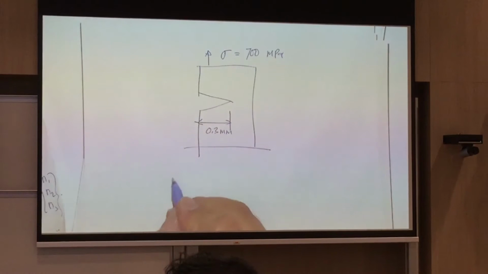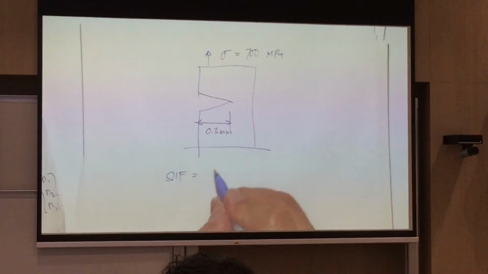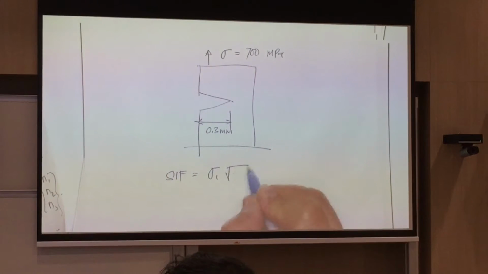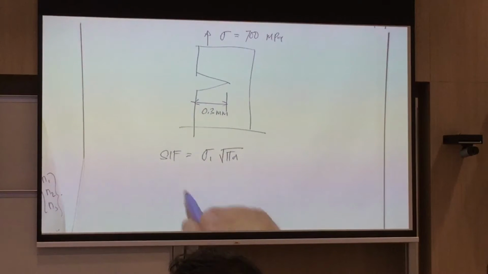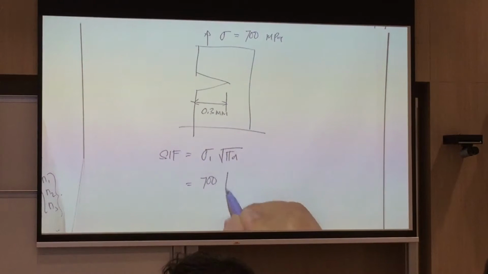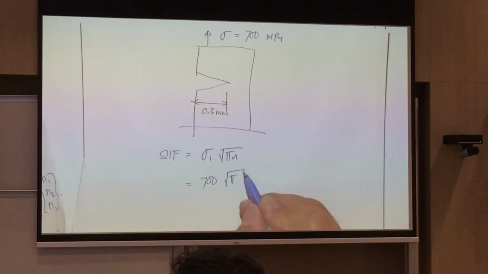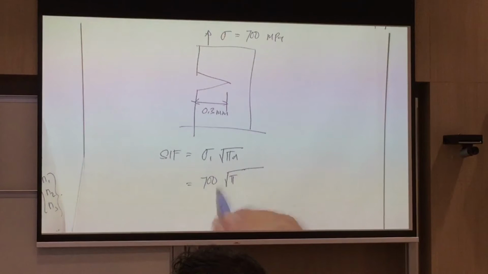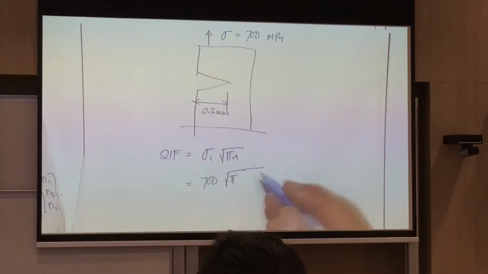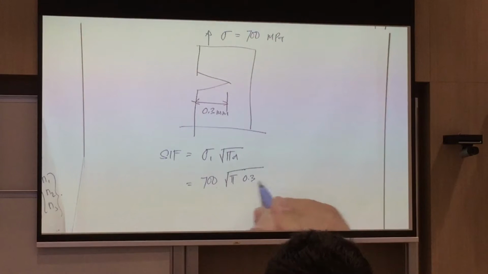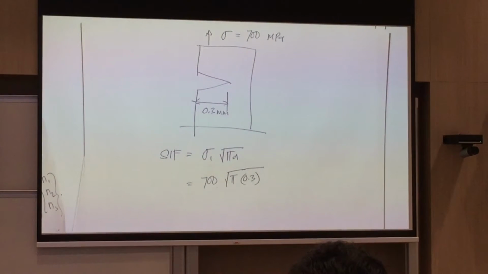So my stress intensity factor is equal to sigma square root pi a. So this is 700 times square root of pi multiplied by 0.3 millimeter. So this one is megapascal, Newton per millimeter squared.